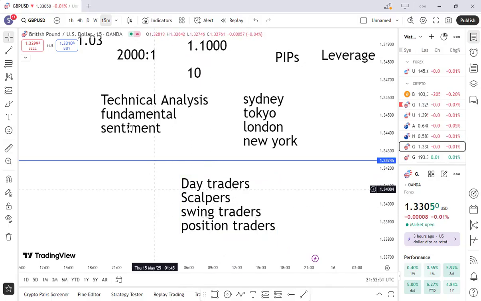They make use of the minutes time frame, 1 minute, 5 minutes. They cannot hold trades for long because they are not patient. So they are the scalpers. Day traders buy and sell within a day, while swing traders hold trades for several days and weeks. That's why they call them swing traders.